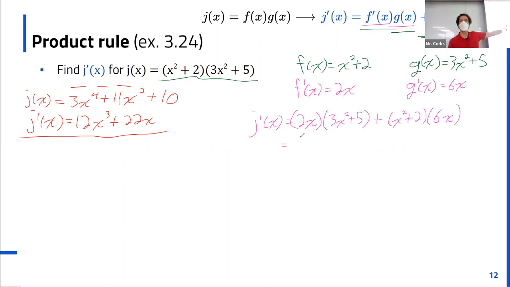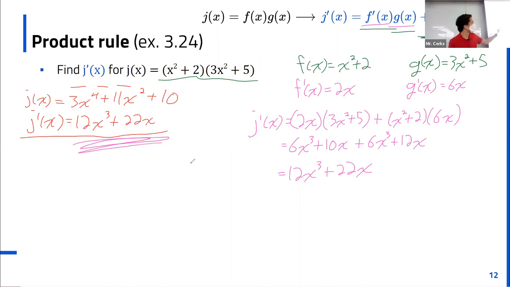Then we just expand and add, and we'll get our result. If we expand the left part here, we would have 6x cubed plus 10x. Expand the right part, we would have 6x cubed again, plus 12x. And if we combine our terms here, we get 12x cubed plus 22x. And that's the exact same thing we had over here on the left side.